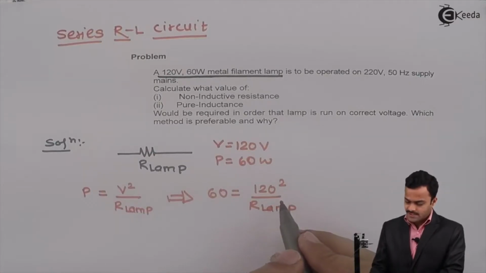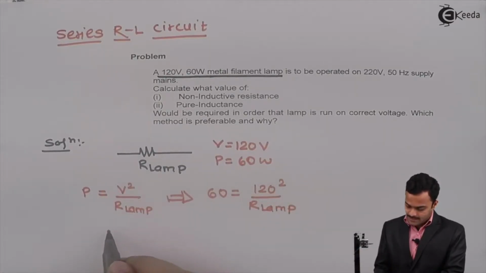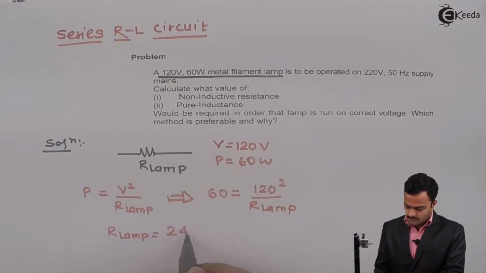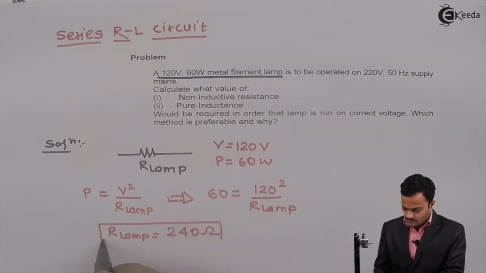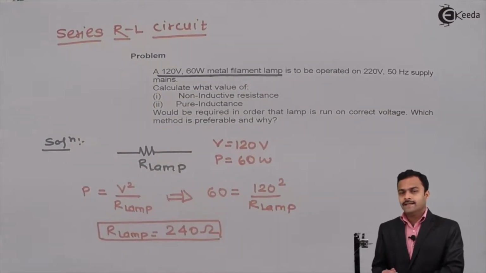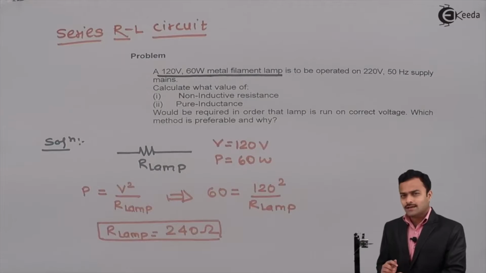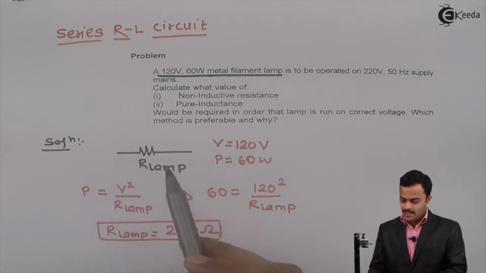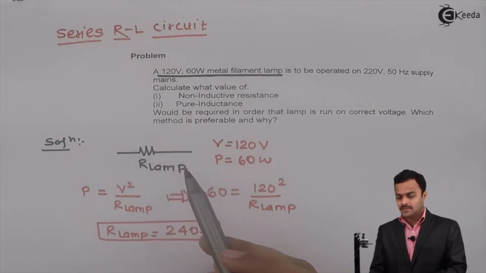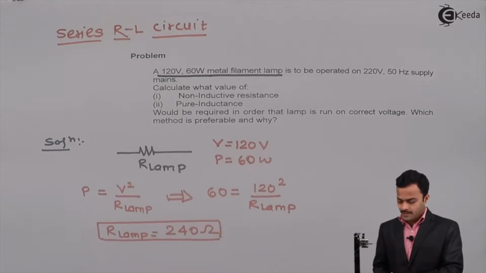After solving this, I will get R lamp as 240 ohm. A very important finding. So ultimately we have a resistance of 240 ohm, which is nothing but a metal filament lamp giving 60 watt power.